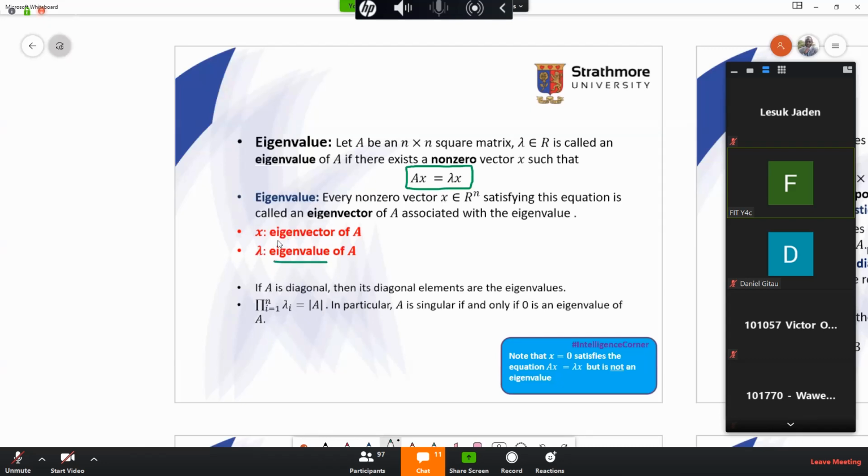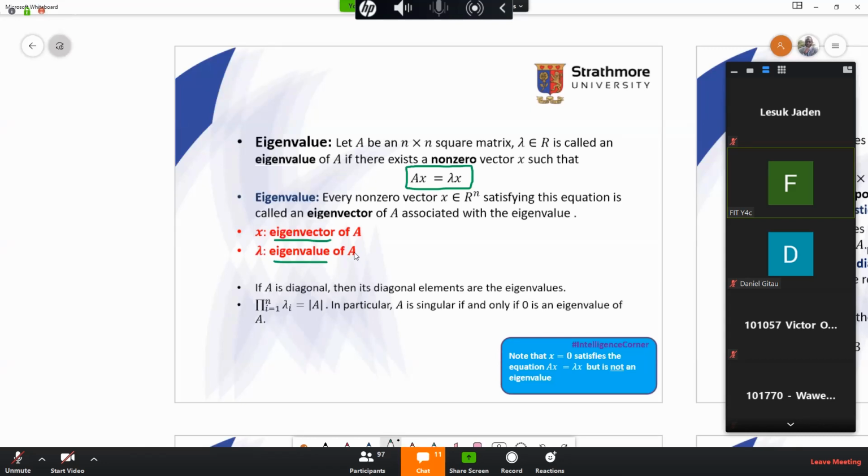And the eigenvector, okay, is that x, that vector. So we say x is the eigenvector of A, okay, and lambda is the eigenvalue of A, okay.